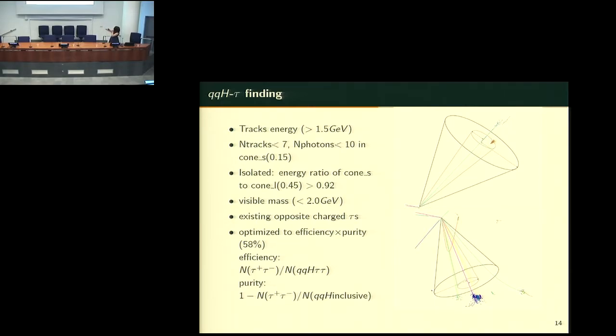As shown here, taus are rather isolated from the other particles, but for jets, the ratio in these two cones should be less than in taus. And all these parameters are optimized for efficiency times purity.